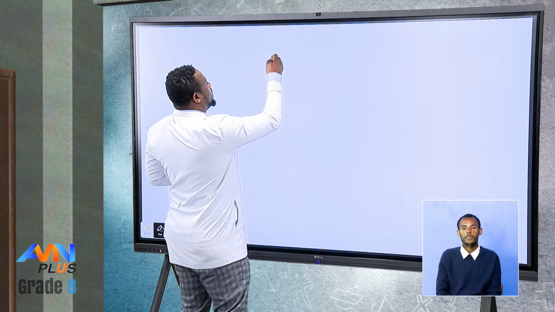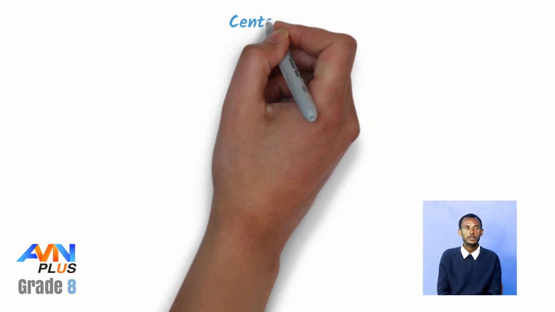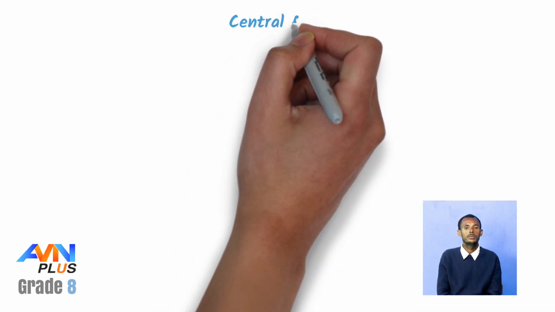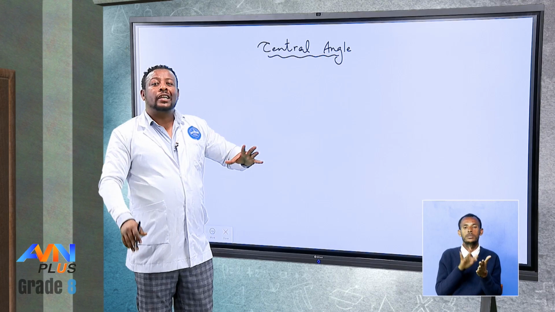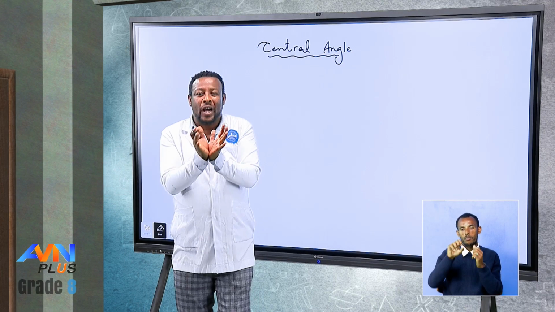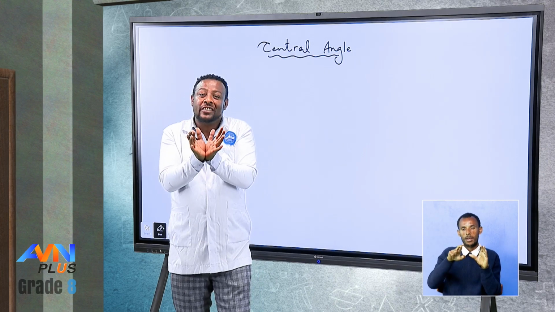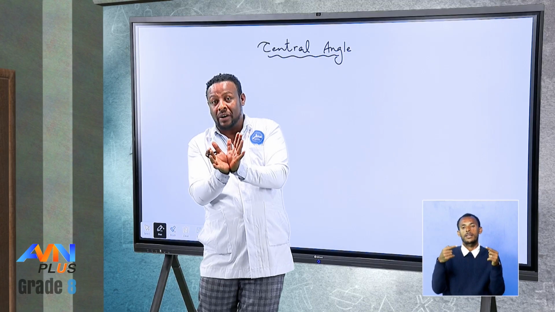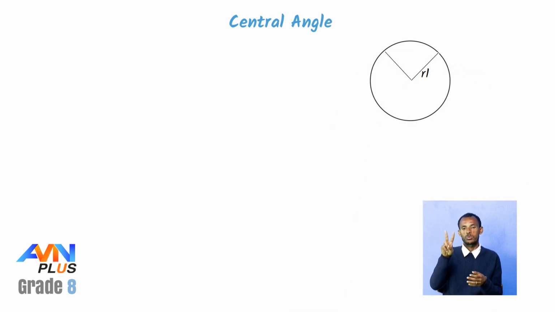That is central angle. A central angle is an angle formed by two radii, okay? An angle formed by two radii where those radii clearly intersect at the center, okay? For example, if you have a certain circle like this, say we have two radii, say this is R1 and R2, okay?